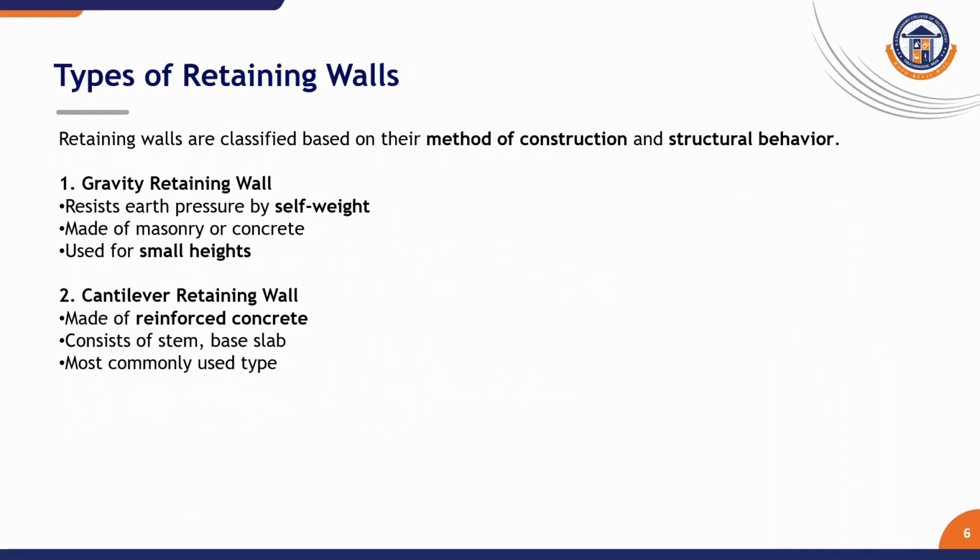Counterfort retaining wall, similar to cantilever but with triangular supports called counterforts, used for larger heights. Sheet pile retaining wall, a thin flexible wall used in soft soil and waterfronts. Anchored retaining wall, supported by anchors and tie backs, used where space is limited.